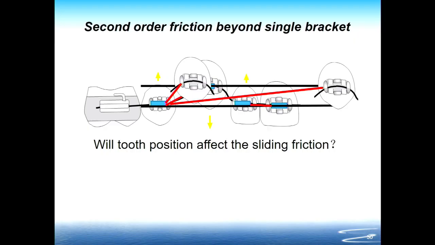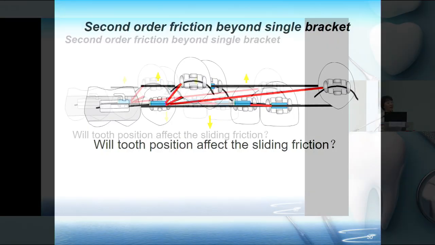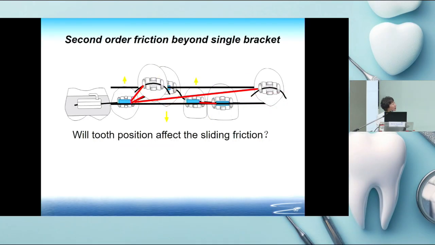This just means we can adjust the way we ligate the archwire. Maybe we don't put the archwire totally into the slots. We just tie a little bit, or we don't make the archwire deform a lot, just a little bit. We can lower the friction.